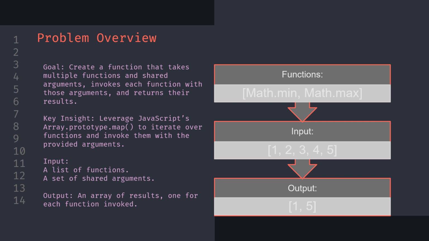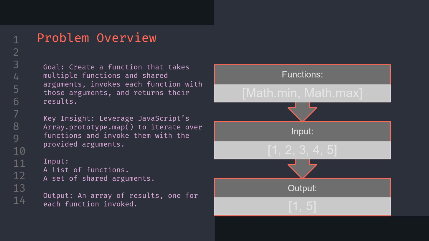Let's break down the problem. Our objective is to create a function that accepts multiple other functions and a set of arguments. It will apply each function to the arguments and return the results as an array. For example, consider the functions method_min and method_max.